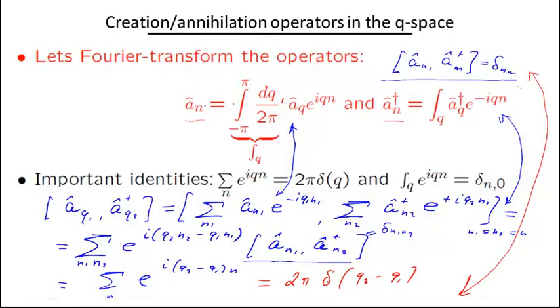And this means actually that these guys, a sub q and a sub q dagger, they too represent annihilation and creation operators. But what do these creation and annihilation operators create or destroy?